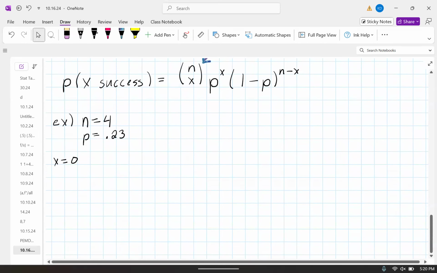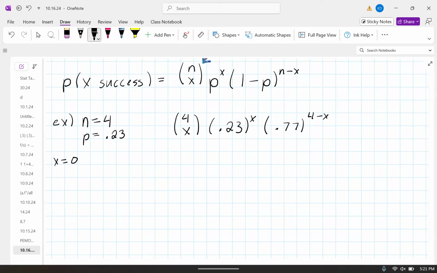All right, so if X equals 0, because I'm going to go in order, the probability we don't get any successes, part of our equation is always going to be the same. 4 choose X, 0.23 to the X, 1 minus 0.23 is 0.77 to the 4 minus X. So the parts I wrote in as actual numbers are the part that's going to be the same through all of our experiments.